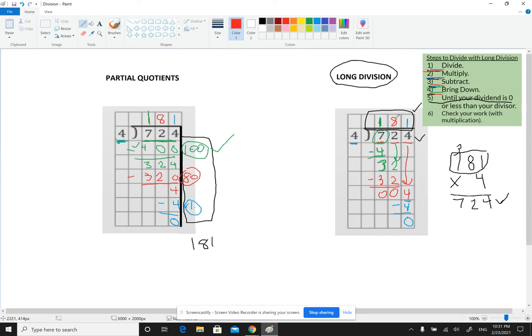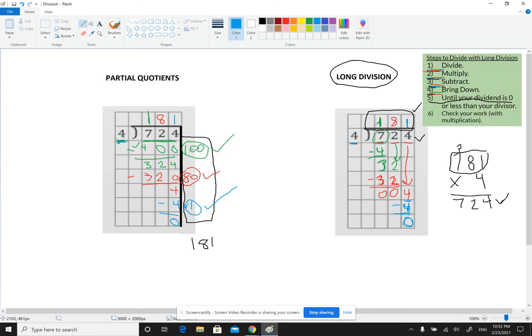And then my 8 in my tens place is really representing 80 groups of 4 that represent 320, which are represented here by the 32, which is actually 320, right? And then my last number in my ones place is the 1, and it's representing one group of 4, like my partial quotient is saying. One group of 4 right here. And that is how I finish with my dividend now being 0.